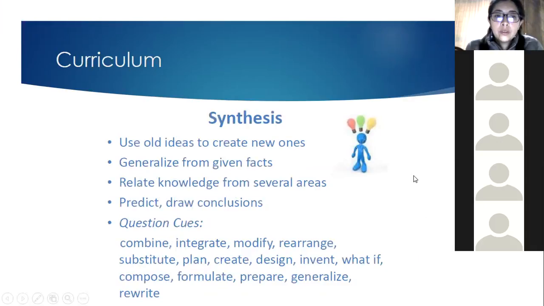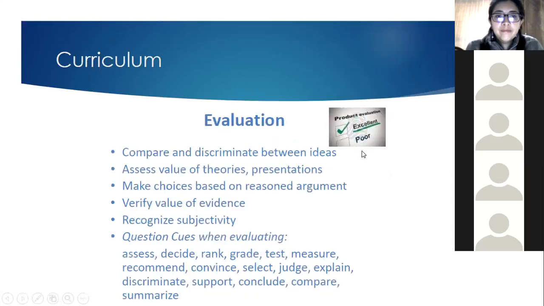Create a short story. Very good. Create a conversation. Give different endings of the stories. That is a good activity. Yeah. Very good. And the final one, that is evaluation. What activities could we use here?